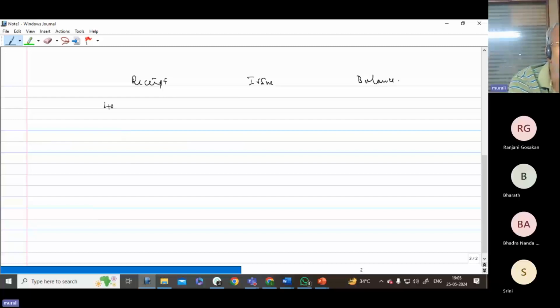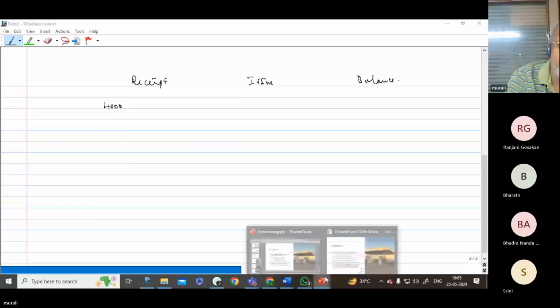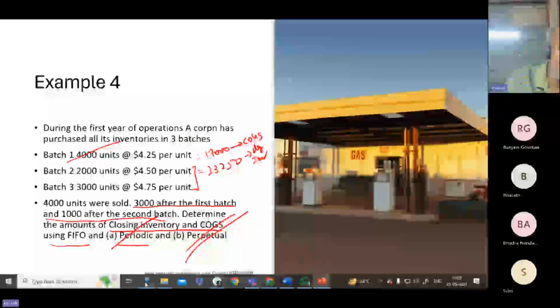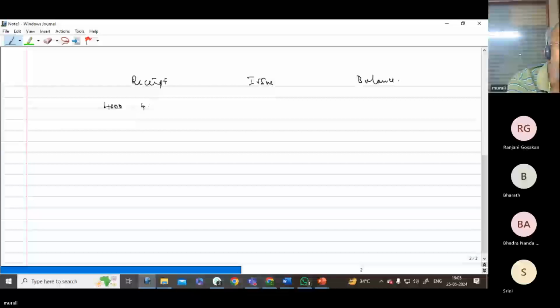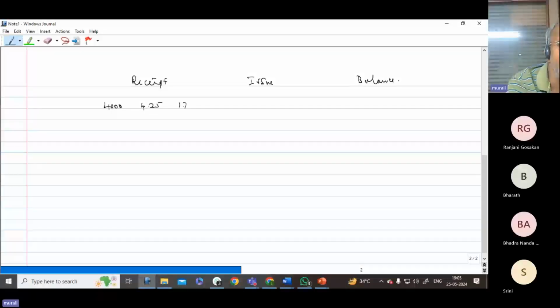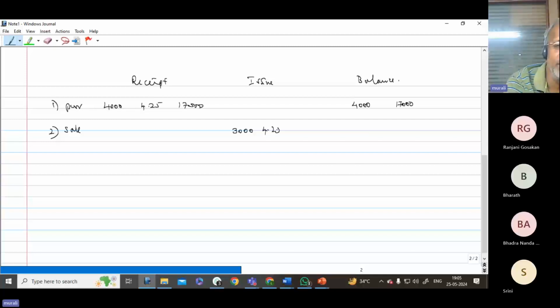The first one is 4,000. I bought it at 4.25, and 17,000. Inventory 4,000, 17,000. Second one is sale. 3,000 units were sold at 4.25.